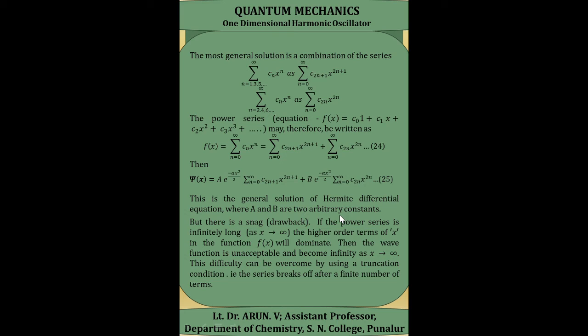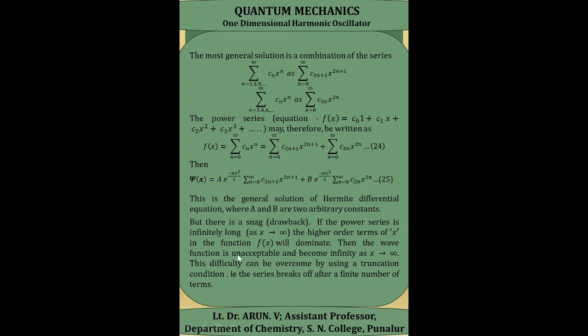This equation is the general solution of the Hermite differential equation, where A and B are two arbitrary constants. But there is a drawback.